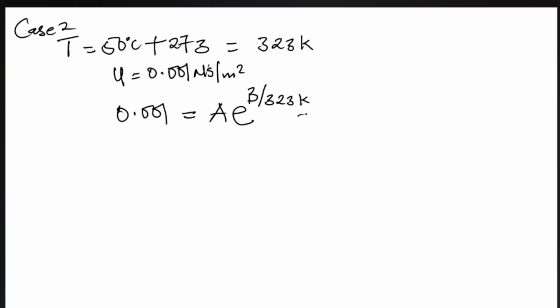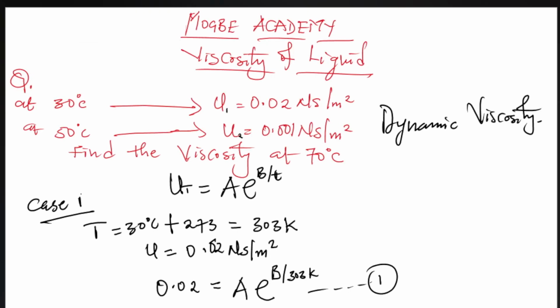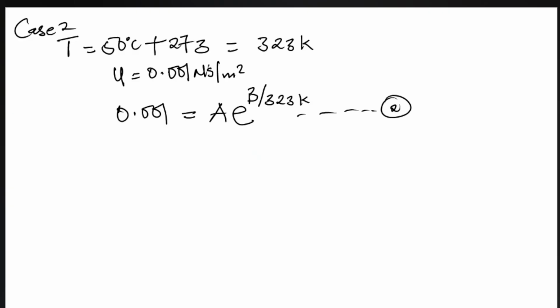So we can call this equation 2. What can we see? We can see equation 1 and equation 2, and that tells you that we have simultaneous equations. So what do you do when you have simultaneous equations? You simply solve simultaneously. We can solve this by dividing equation 1 by equation 2.